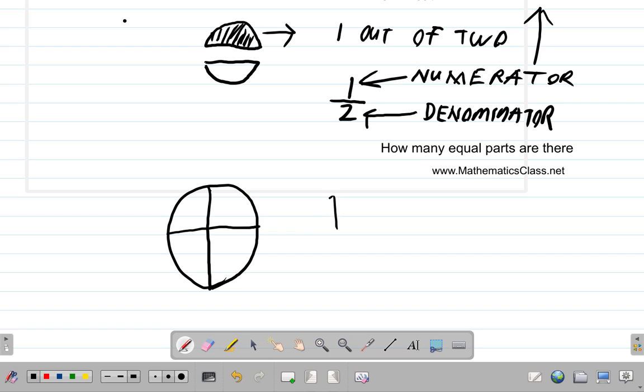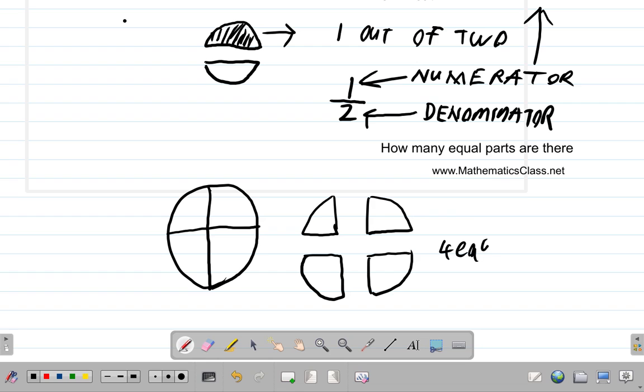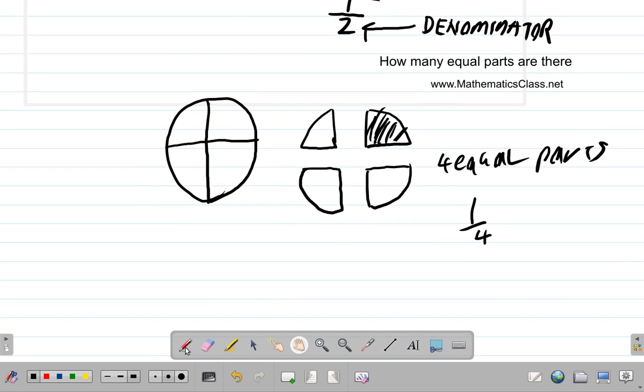So I have 1 part here, 1 part here, 1 part here, and 1 part here. You see, alright. Now I have 4 equal parts. But I'm going to eat just this one. So I will eat 1 out of how many? 4. So that is the fraction.